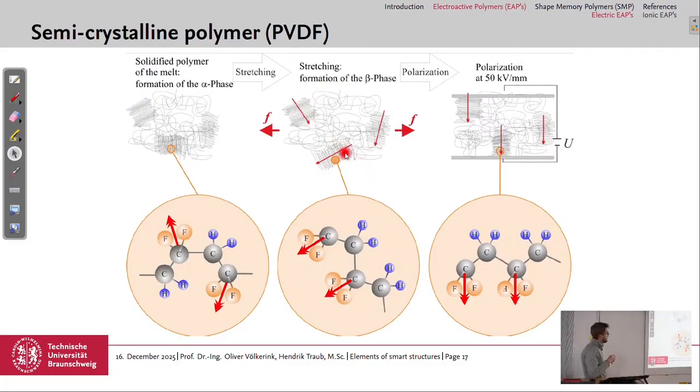So we have these crystalline areas where the dipoles have the same orientation. And then, again, we have a polarization where we, so to say, turn the semicrystalline areas to globally the same direction, and then we have the macroscopic effect.